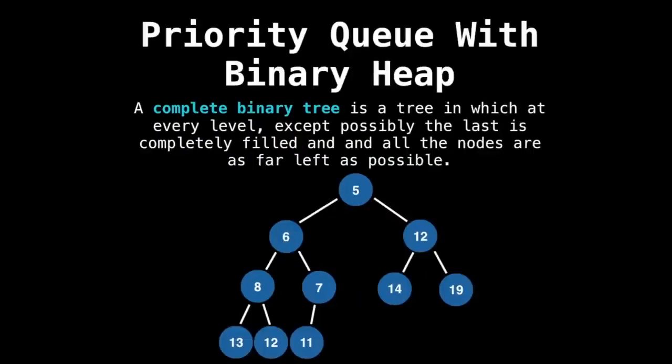The next important bit of terminology we need to understand is the complete binary tree property. The complete binary tree property means that every level, except possibly the last, is completely filled, and that all the nodes are as far left as possible in the binary tree.